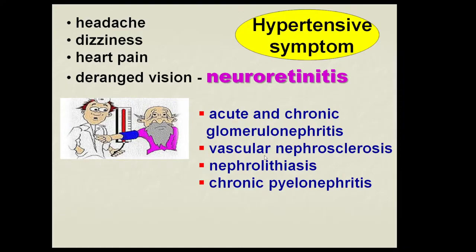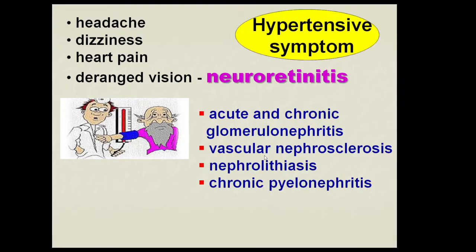But in renal hypertension, earlier than in other types of hypertension, deranged vision, neuroretinitis, is characteristic, because the kidney regulates diastolic blood pressure, which depends on the tension or resistance of peripheral vessels.